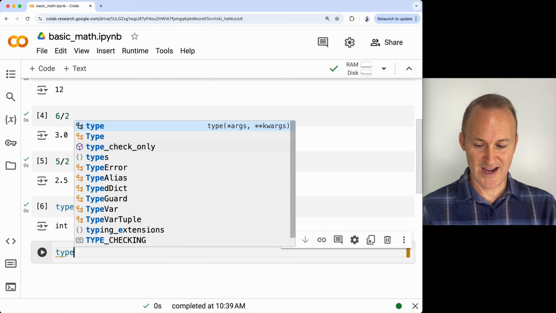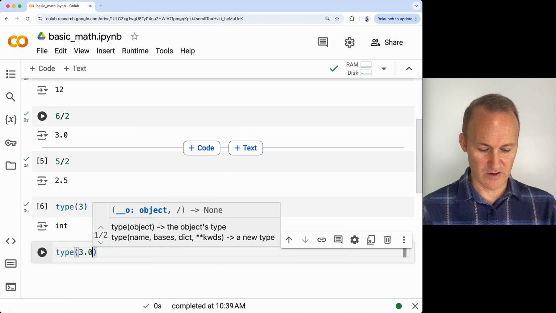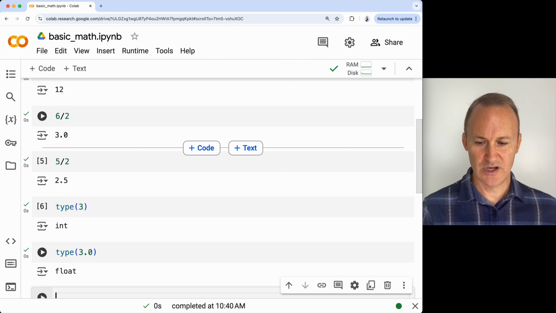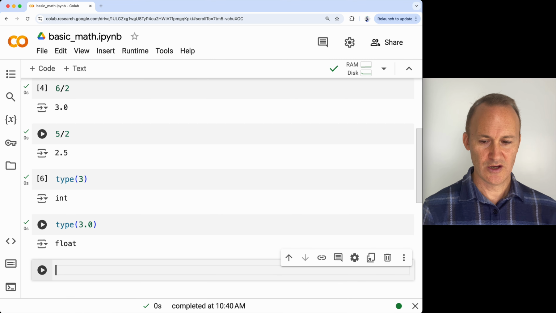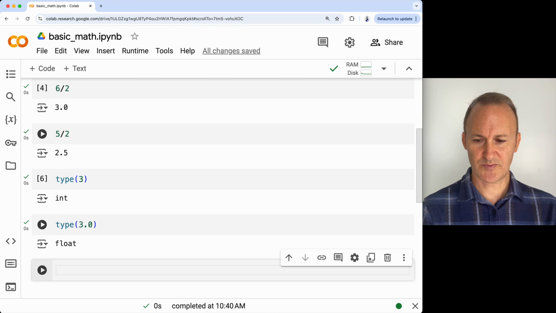Next, try the type of 3.0. Okay, so enter that, press Shift Enter to run the code, and you can see that you get a float, which is basically Python's name for a decimal. And so these are the two primary kinds of number types. Types are very important in Python. Later, when you build machine learning models, you must have all numerical types. Okay, so that's pretty interesting.